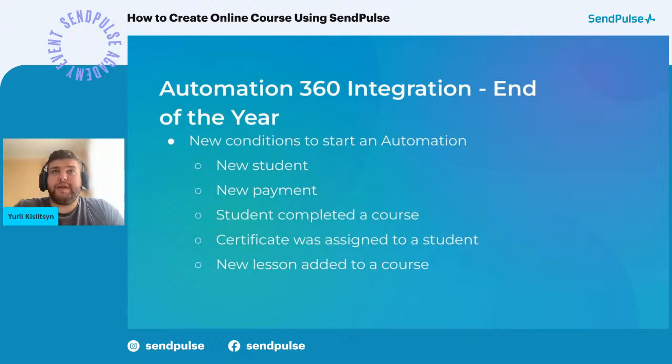Now your students get messages about it by email, but when we create this integration, you can change this mail, create your own mail, and in this way communicate more personally with your students.